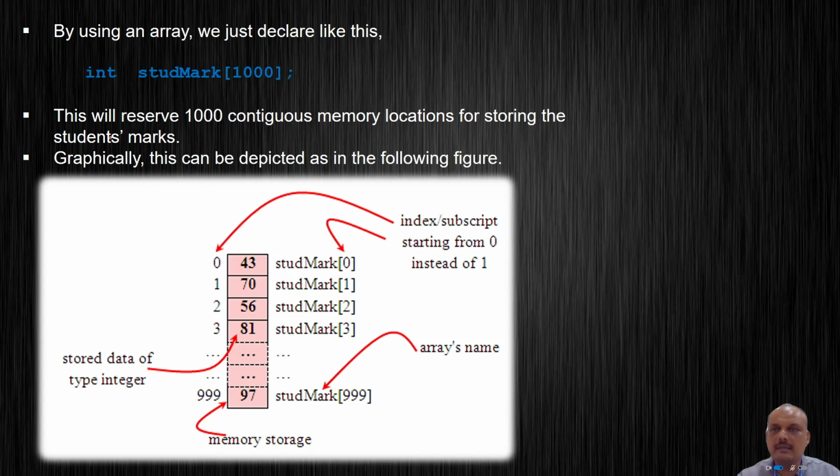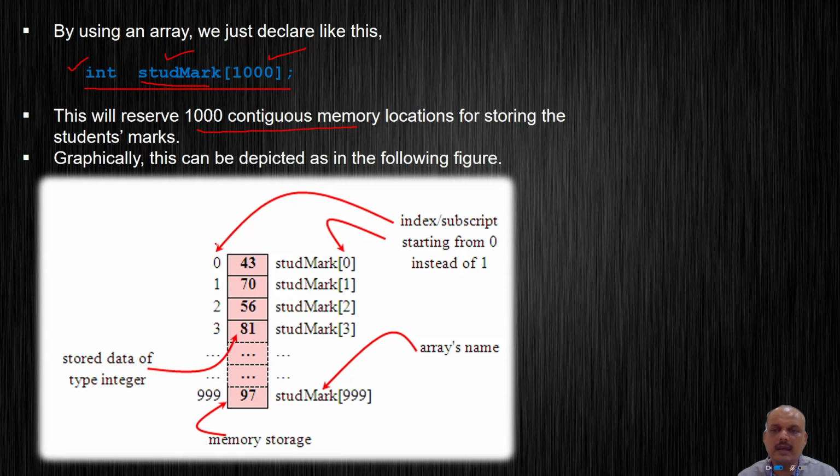Using arrays, the same declaration can be summarized like that. Okay, so we have a data type of type integer, and then we have an integer array, and the name of the array is student marks. And how long is this array? This array can store 1000 integer data types. So 1000 consecutive memory locations will be allocated under the name student marks to store the marks of the students.